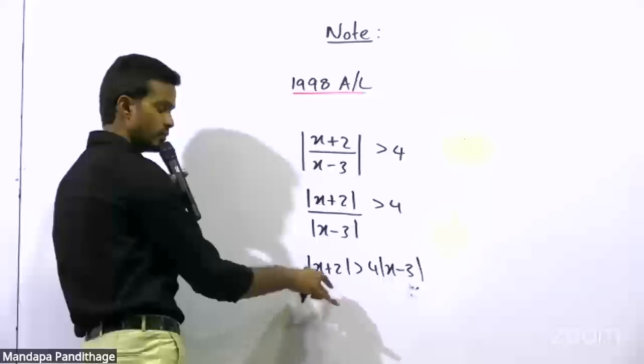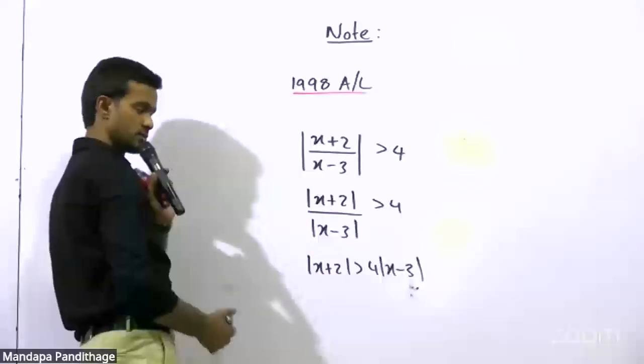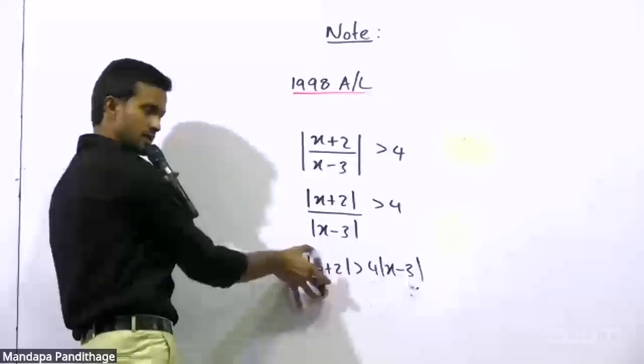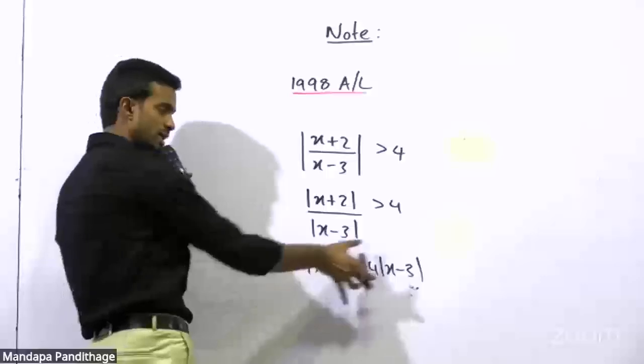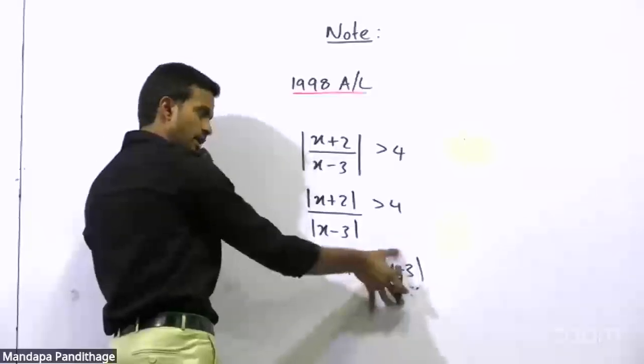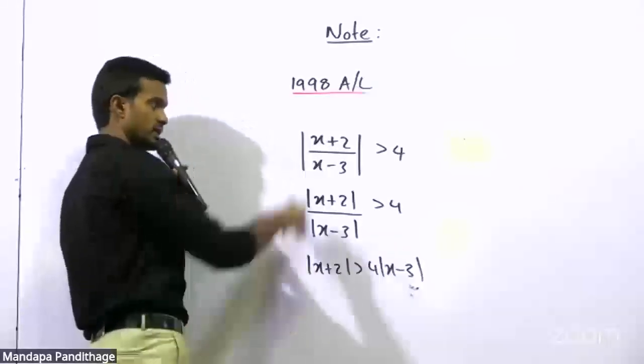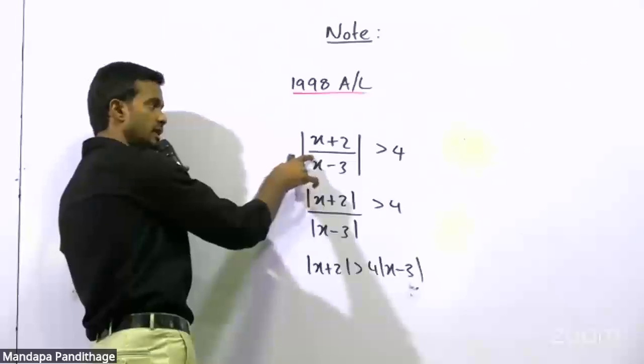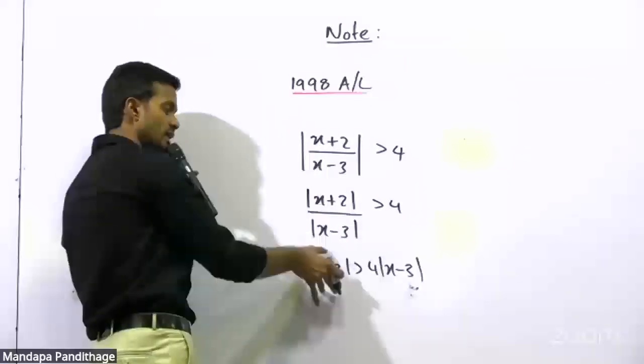Now you do what you have been doing for two weeks: sketch y equals modulus of x plus 2, and then solve the inequality. The initial inequality can't be sketched, but you can change it to a form that you can sketch.